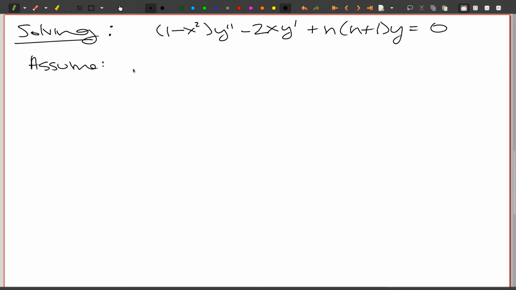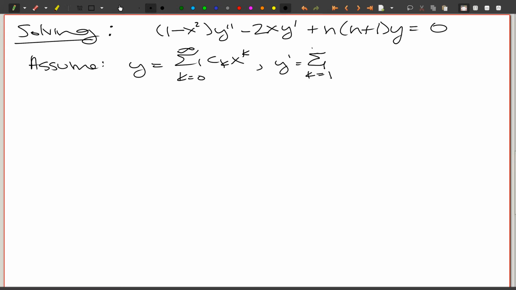So we're going to assume y is equal to the sum from n equals 0. Ooh, n is going to be a bad character to use because n is in our differential equation. We'll use k equals 0 to infinity of c sub k x to the power k. So then that means our y prime is just given by the power rule, starting from k equals 1, because the 0th term will just drop out.